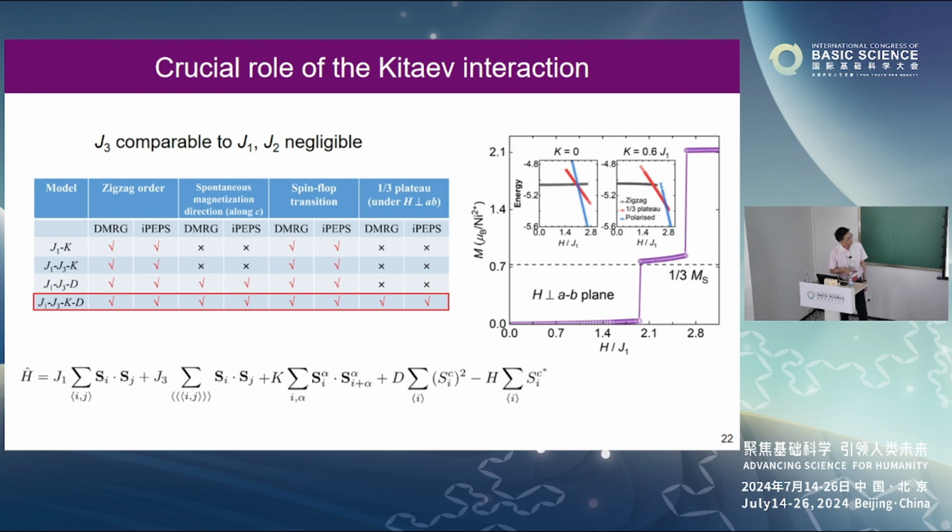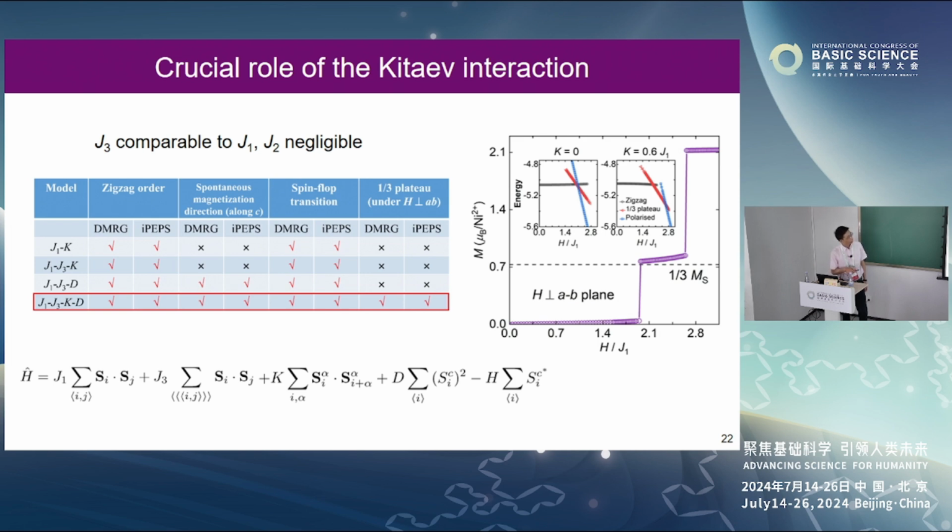They calculate the variational energy. If you don't have the Kitaev interaction, the three states, which are the zigzag order state, the fully polarized state, and the red line representing the 1/3 magnetization plateau phase, all have the same variational energy at this point.